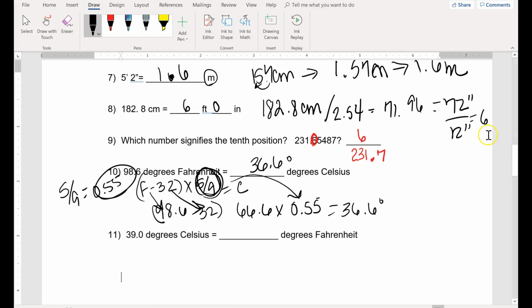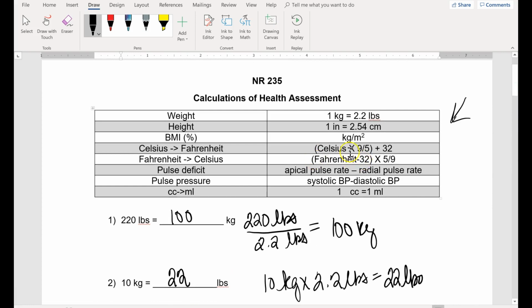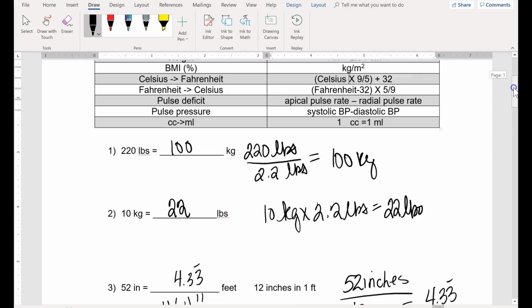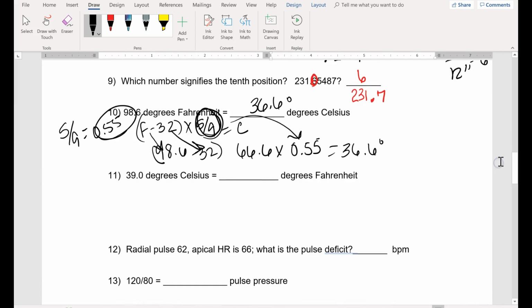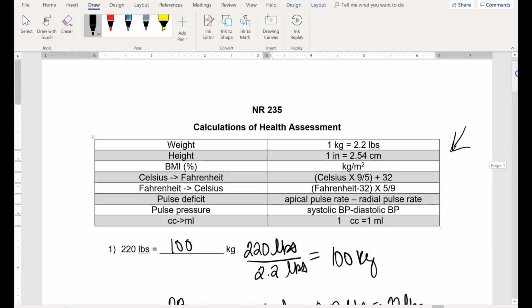For our centigrade, we have Celsius times 9/5 plus 32. Okay, so centigrade is 39 degrees. I'm going to tell you this 9/5 I know is 1.8. Okay, you can work out the math there if you want to do it. Okay, times 1.8 plus 32. Just want to double check my math.